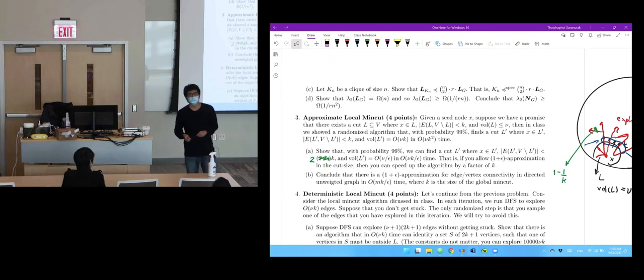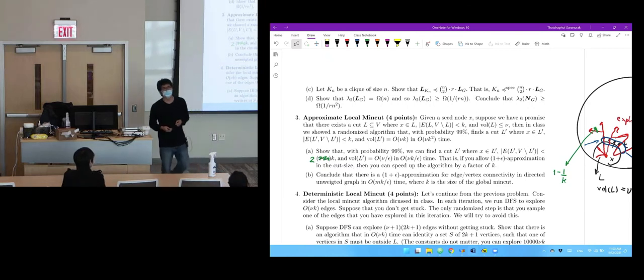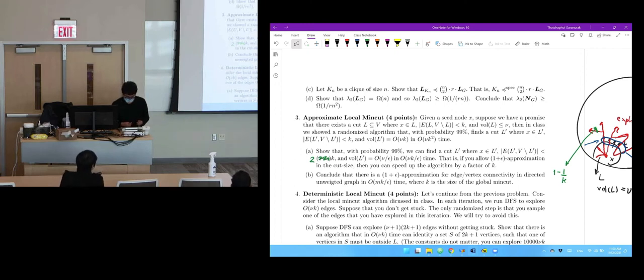No, k is given here. K is given as a parameter, right? Yeah, we have a promise.